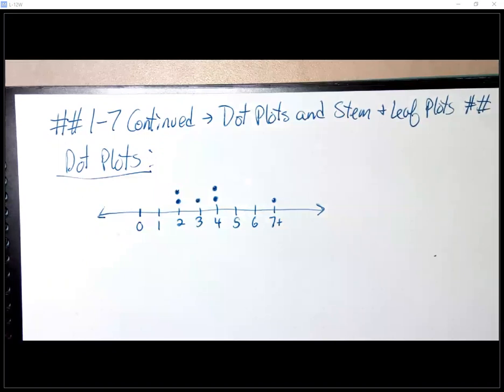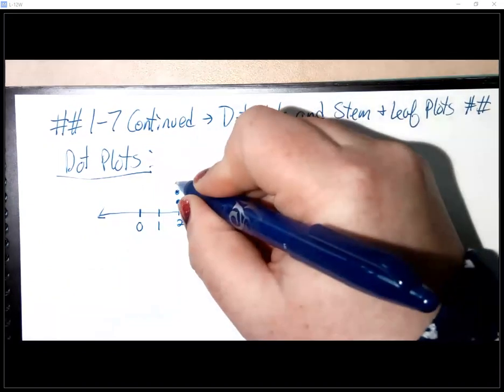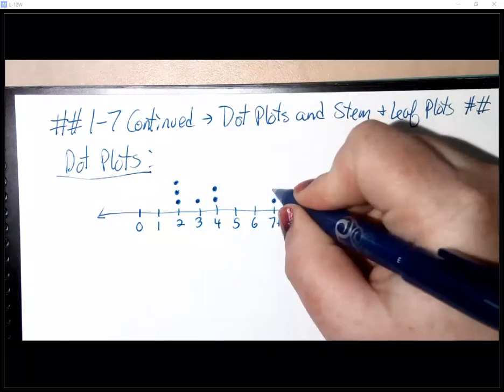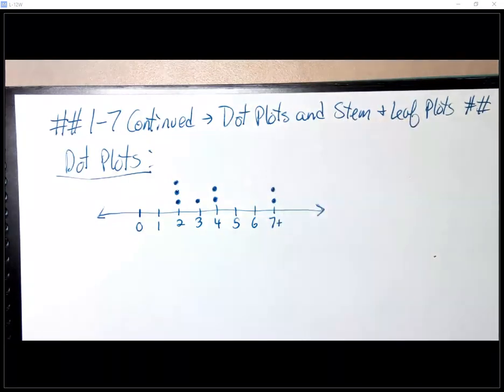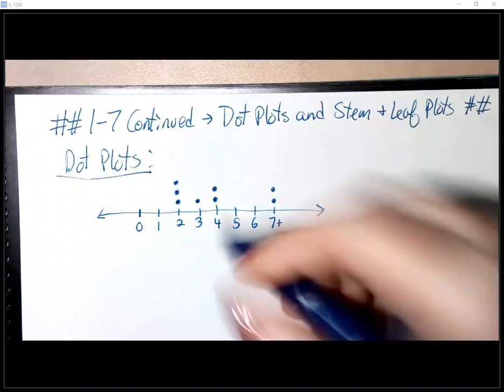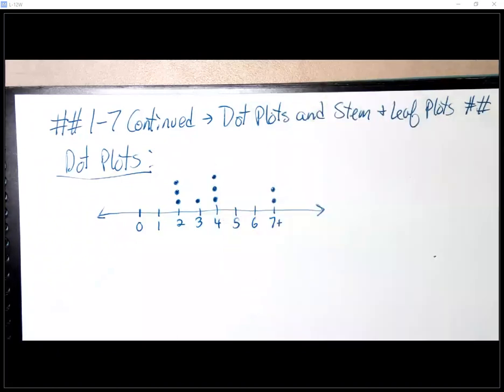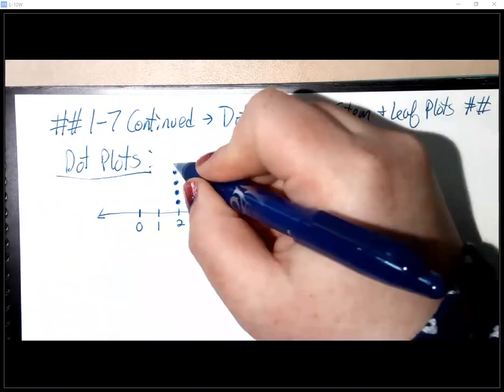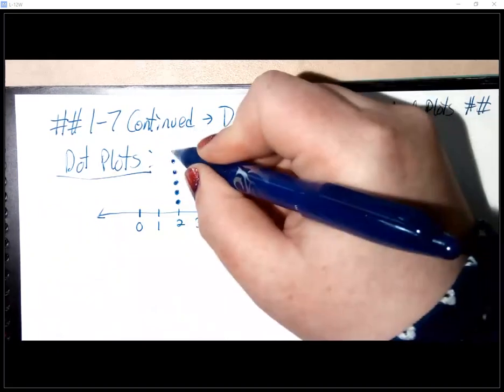Maddie, how many? 4. Okay, Natalie, how about you? 2. I have 2 as well, so I'm going to add 1 more dot to the 2 list.